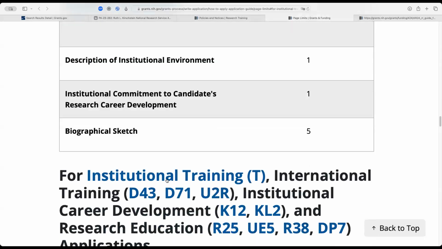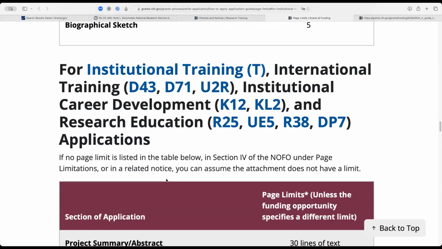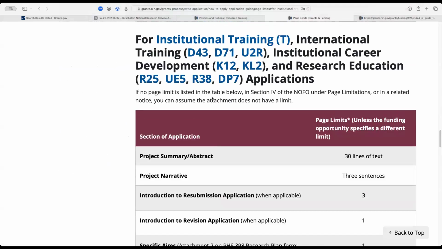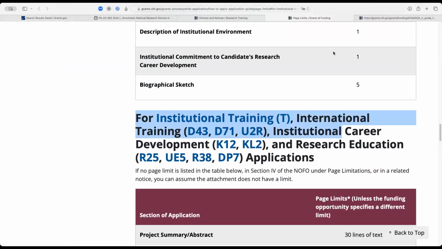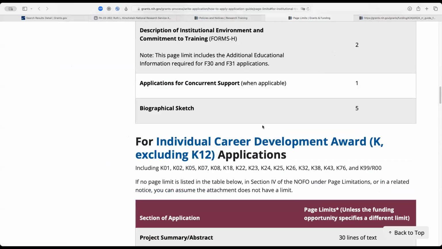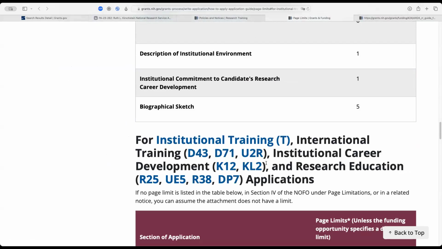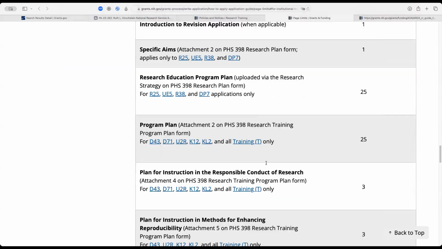Okay. Now, if we jump back here, we see that there's some stuff for institutional training. So make sure you're looking at the right thing, because you're probably applying for career development and not applying for the institutional training right now.